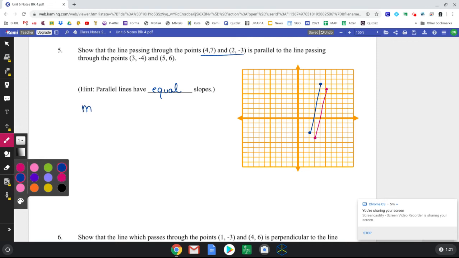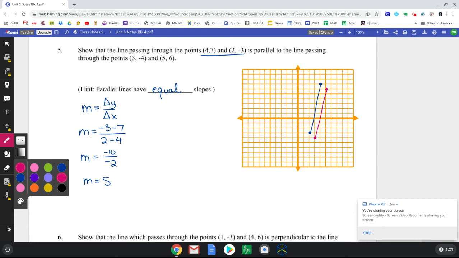So if I take my first set of points, my change in y over my change in x: -3 minus 7 over 2 minus 4. -3 minus 7 is going to give me -10, and 2 minus 4 is going to give me -2. So my slope is 5.